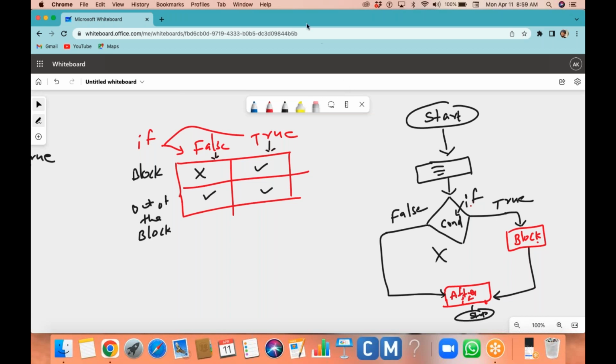Clear, right? Have you written this particular flowchart?